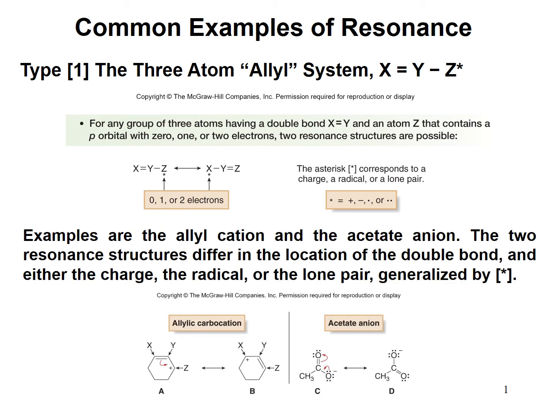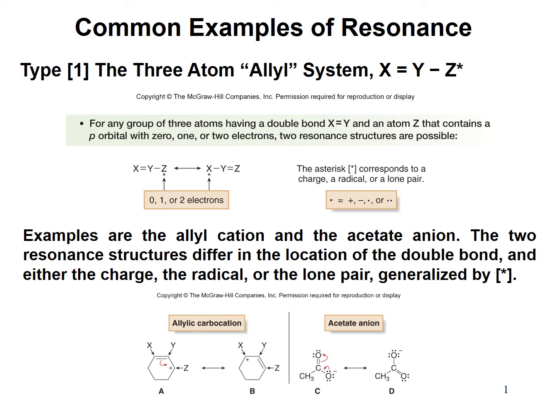If you take a look at a couple examples, we have a cyclic allylic cation, and as long as we leave the labeling X, Y, and Z the same, A and B are able to move the electron density and the carbocation around, so that the charge on Z now goes to X.